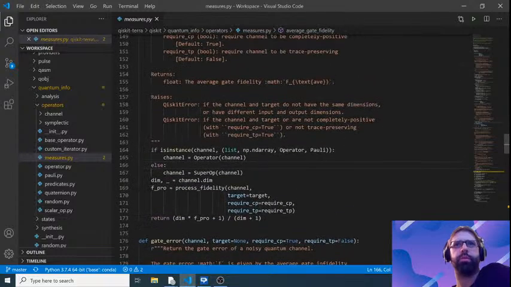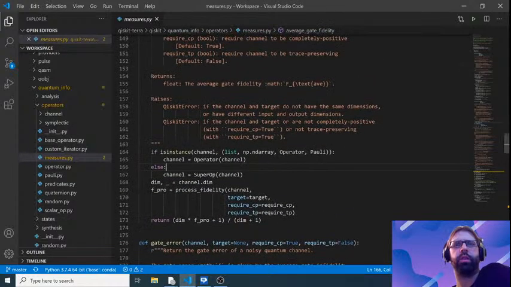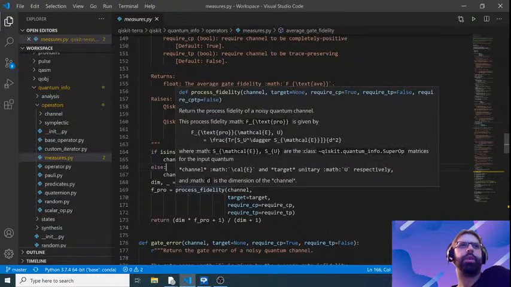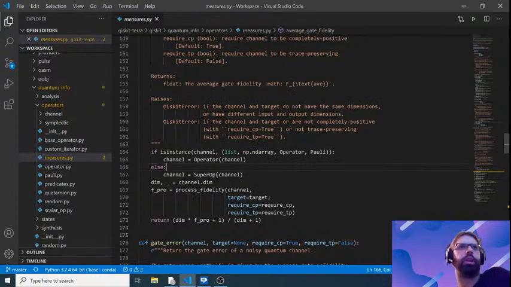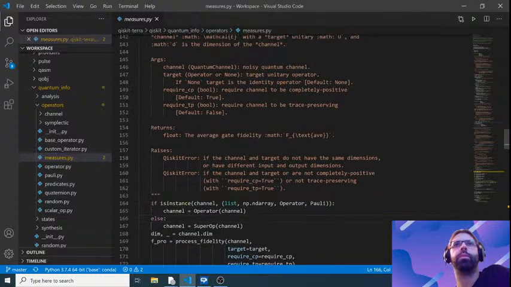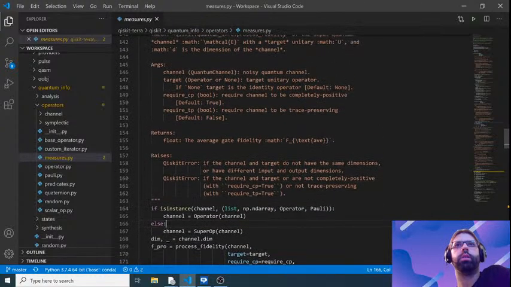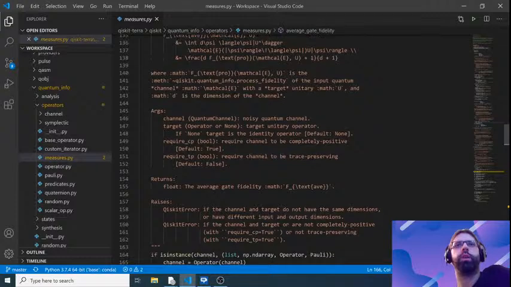But where was this here? Channel. So it's quantum channel. Okay, so I guess this is one of the things you can do with this quantum info package, right? You can do some more funky stuff, like work with quantum channels.